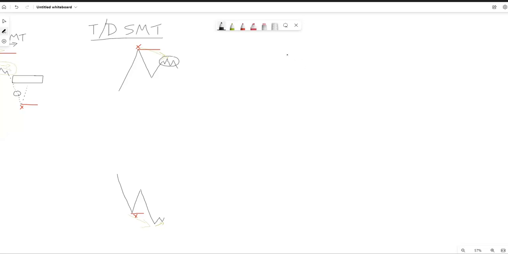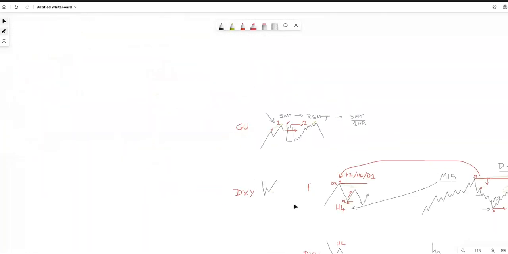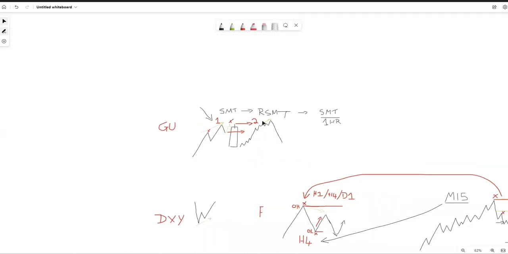So we've got this structure here of the SMT, the RSMT, right? So when price returns back over here into this RSMT, this could be double SMT there. This could be some kind of event horizon going on a 4 hour maybe, on a 1 hour maybe.